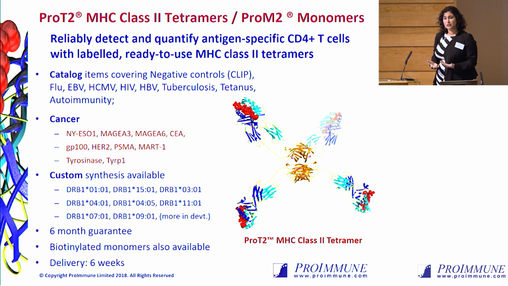Again, here we can custom synthesize the items if you don't have your chosen epitope amongst our list, and again on a broad range of alleles, of human HLAs basically. We also provide biotinylated monomers for those who are more interested in stimulation and things like that. I won't detail that here, but if you're interested, please come to see me.